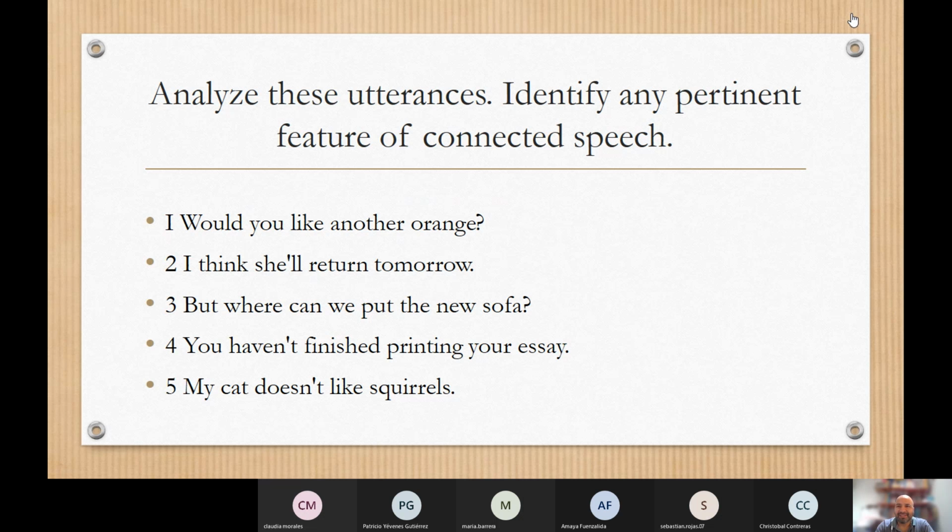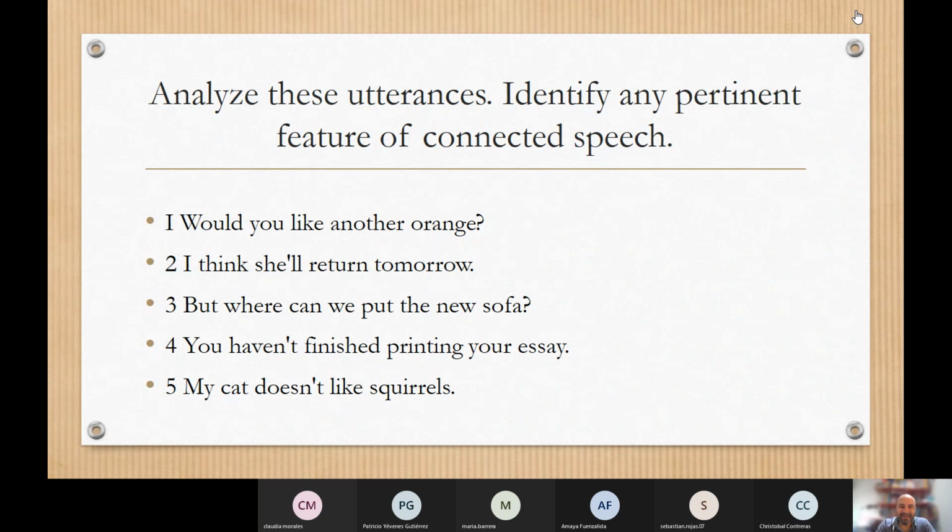So if you're seeing the PowerPoint slide that says analyze these utterances, identify any pertinent feature of connected speech. Hopefully you are. Great.